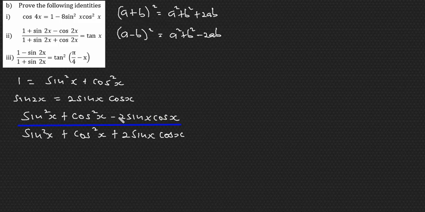When you look at this, a minus means we are going to use this one here. So you can use a cos minus a sine, or a sine minus cos, depending on the way you are going to manipulate. So what I'm going to do here, I'm going to use cos x minus sine x, squared. This is going to be cos squared plus sine squared, then minus 2 sine x cos x, then over.